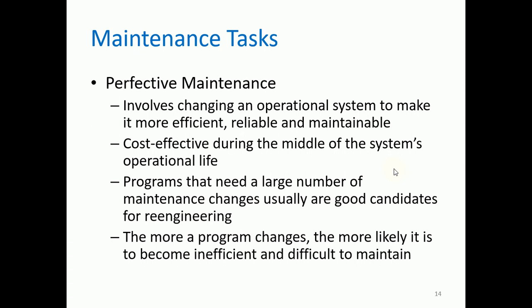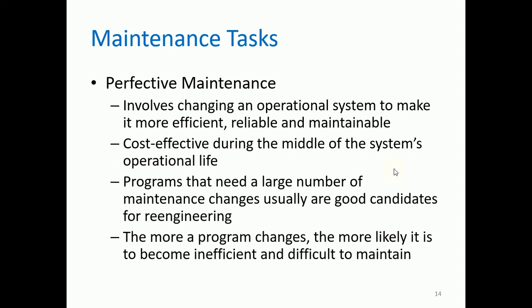Next is perfective maintenance. It involves changing an operational system to make it more efficient, reliable, and maintainable. For example, you want the system to respond in less time. That is an example of perfective maintenance. It is cost effective during the middle of the system's operational life. Programs that need a large number of maintenance changes usually are good candidates for re-engineering.